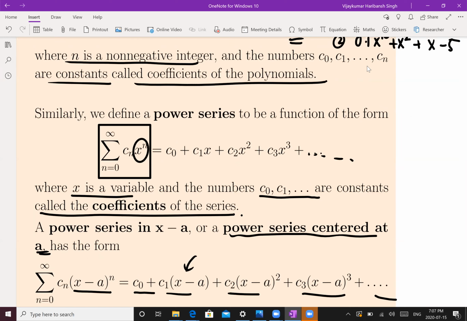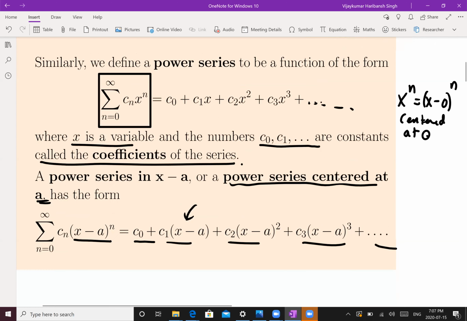Whereas for x to the n, which can be written as x minus 0 to the power n, this power series is centered at 0. So this series is centered at 0, and this series is centered at 1.